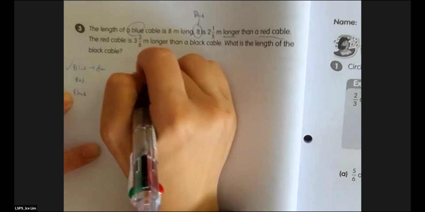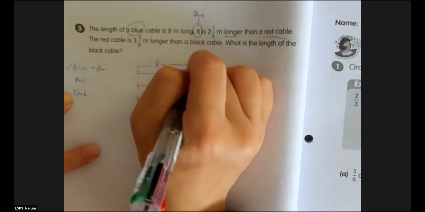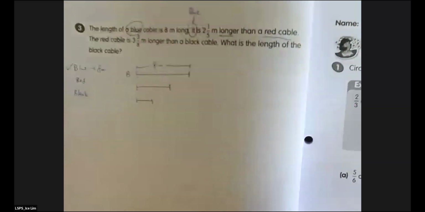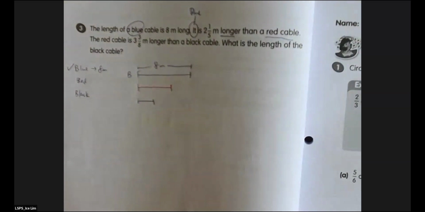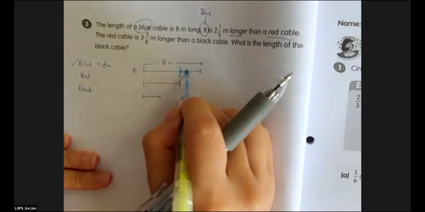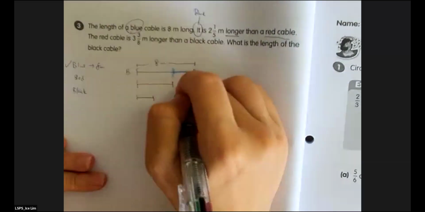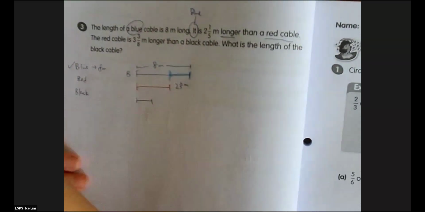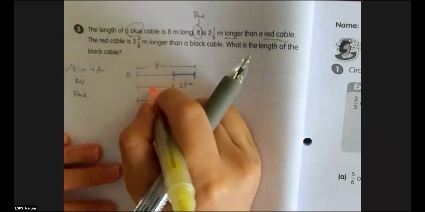The blue is 8 meters long. It is 2 and 1/5 meters longer than the red. Then the red is even longer than the black.